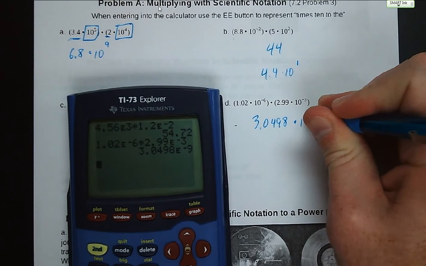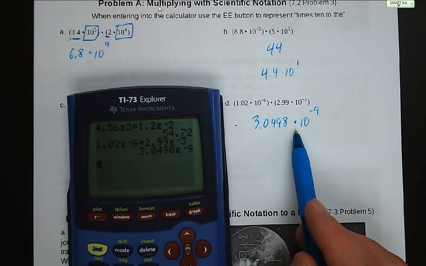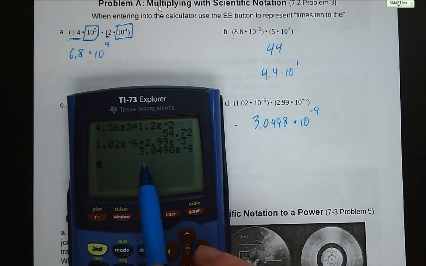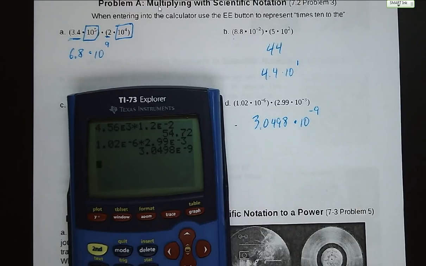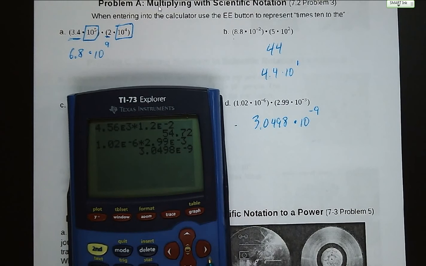I never, ever, ever want to see you write the letter E in your answer. If you write 3.0498 e negative 9 in your answer on a quiz or a test, it is wrong. Period. This is scientific notation. This is calculator speak.